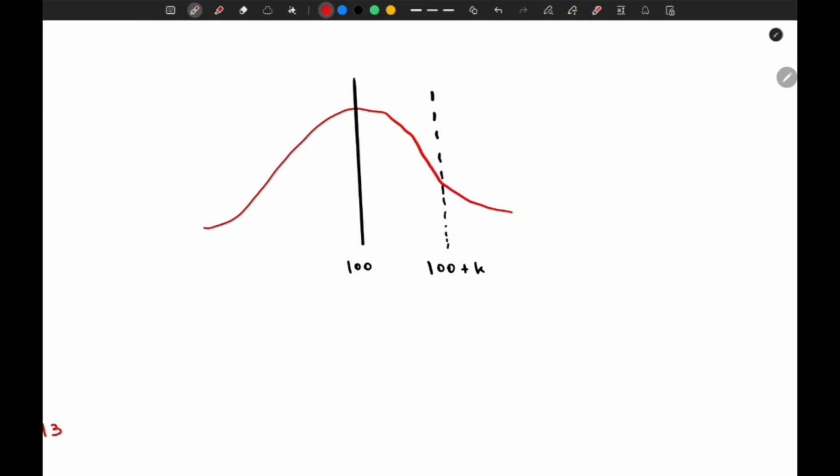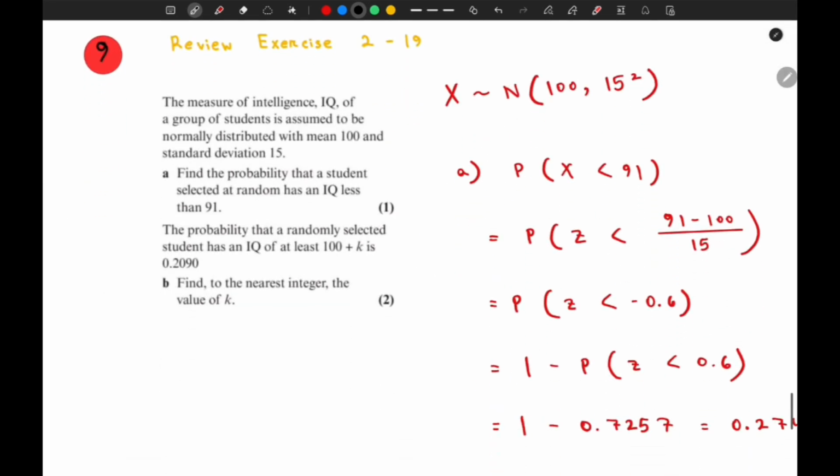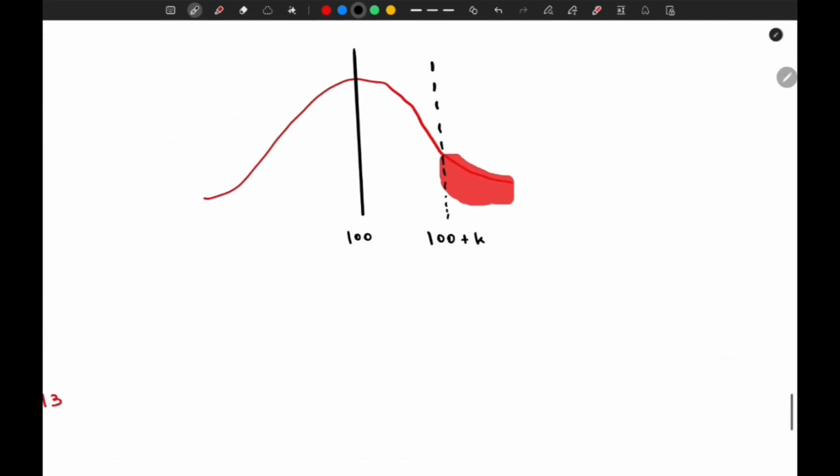So a student who has an IQ of at least 100 plus k can have an IQ of exactly 100 plus k, or maybe greater than 100 plus k. So the region they're talking about is this region. So the probability of this region is 0.2090.